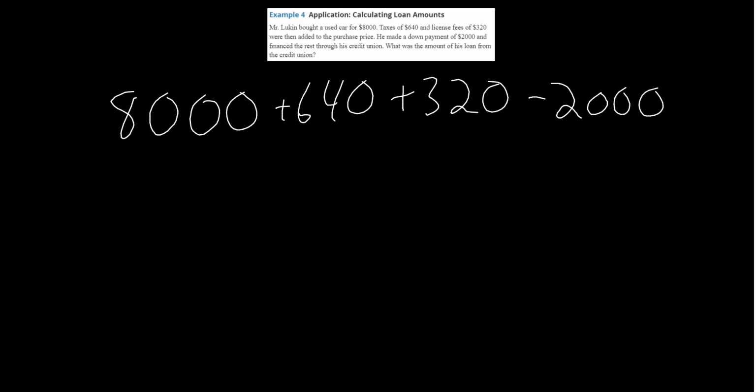And then he financed the rest. So let's do the math here: 8,000 plus 640 plus 320 minus 2,000 is going to be $6,960. So Mr. Lucan financed $6,960 on a used car.